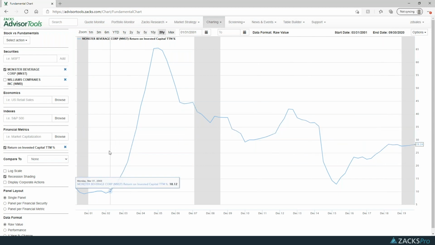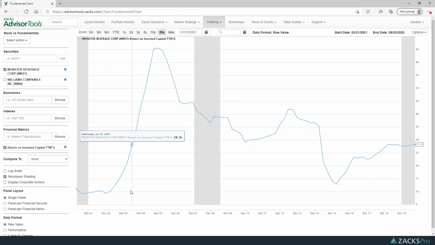What is that moat? In Warren Buffett's terms, it's Monster's brand. Initially, a lot of folks looking at Monster, when they invented the category of energy drinks, thought that this is something that Coke and Pepsi, the juggernauts of the industry, would easily be able to replicate and put Monster and Red Bull out of business, because this is in their wheelhouse, right?